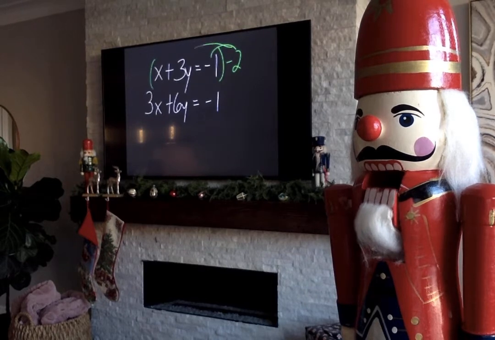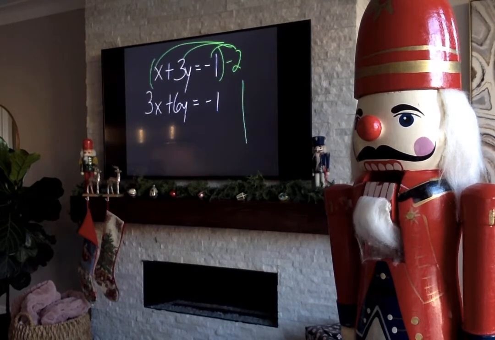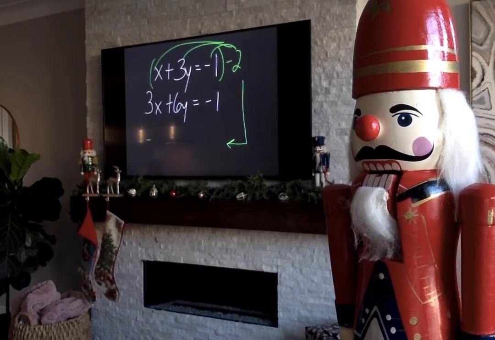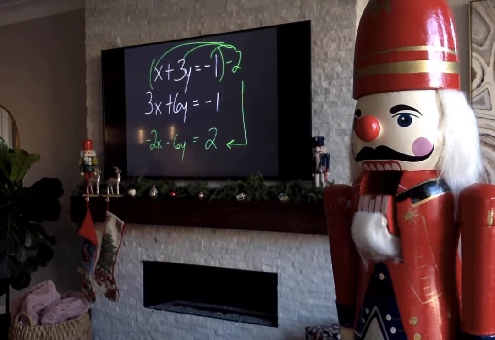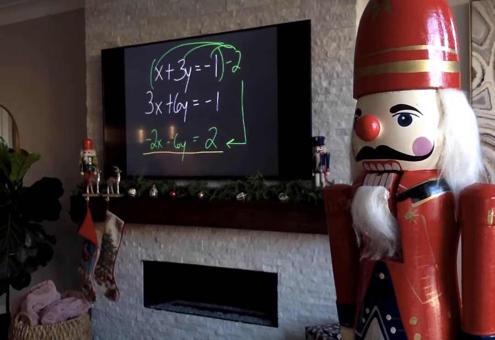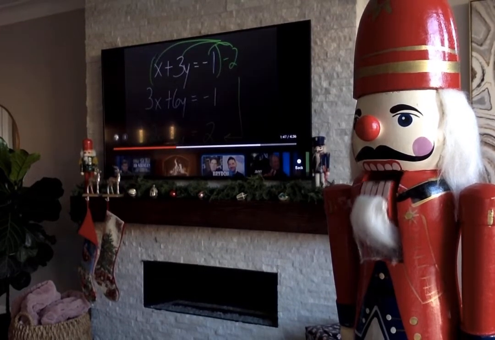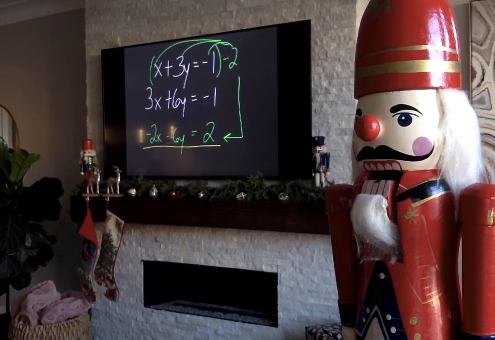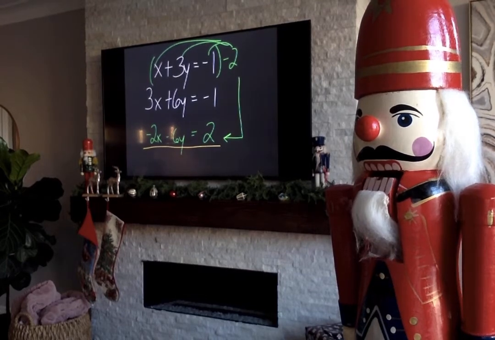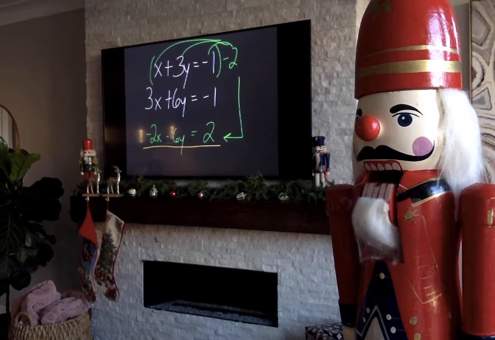So we're multiplying the top row by -2, which would become -2x minus 6y equals +2. Now that we have multiplied, look at the y's. The bottom row that's in green, I got that from multiplying up at the top.